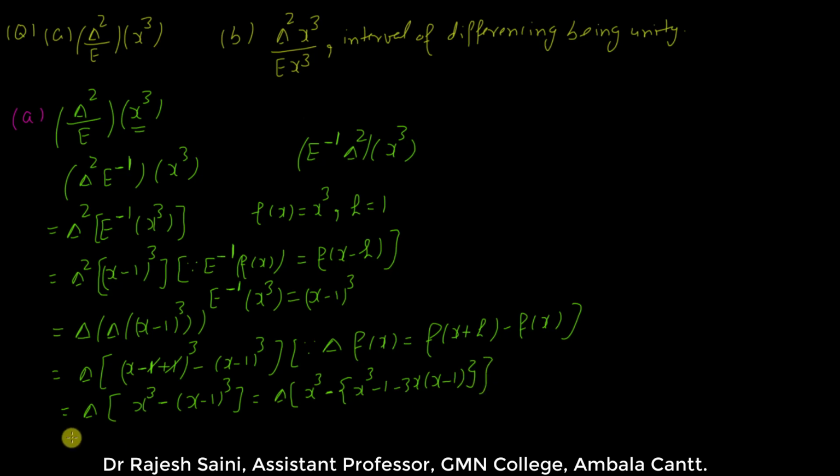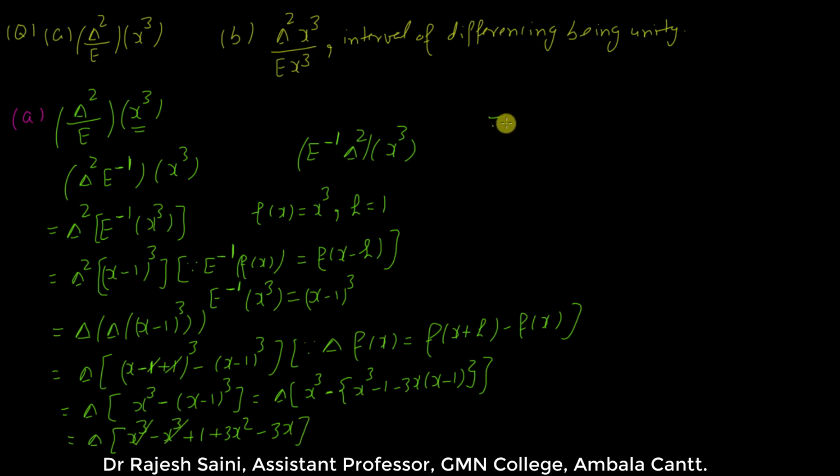Fine. This is further equal to delta of x cube minus x cube, this will be plus 1. This is minus 3x square and minus becomes plus 3x square. It is minus, minus is plus, so this will be minus 3x. So this will cancel out.